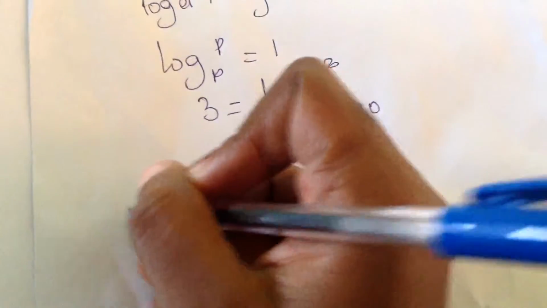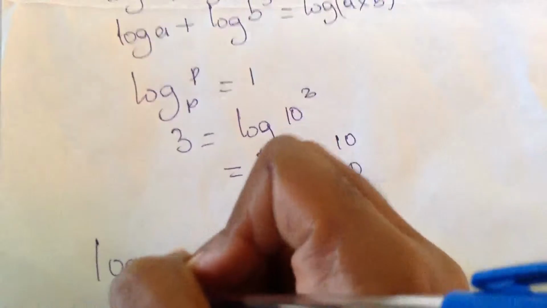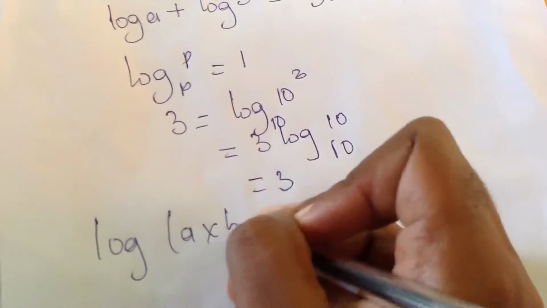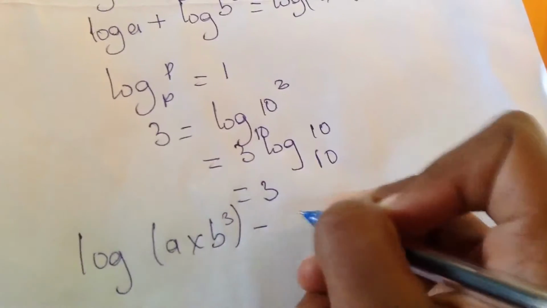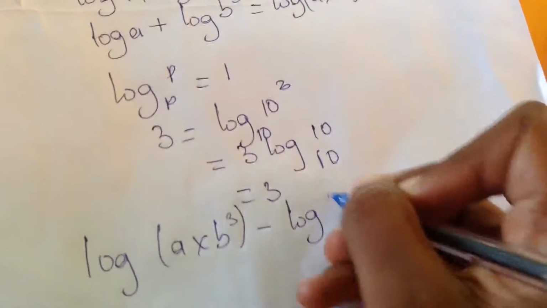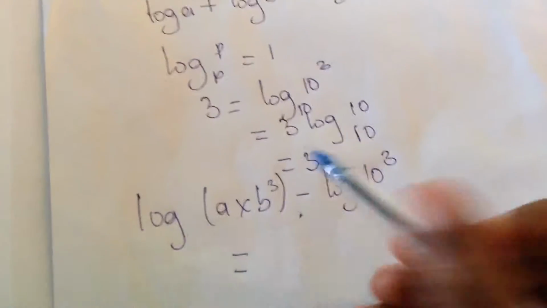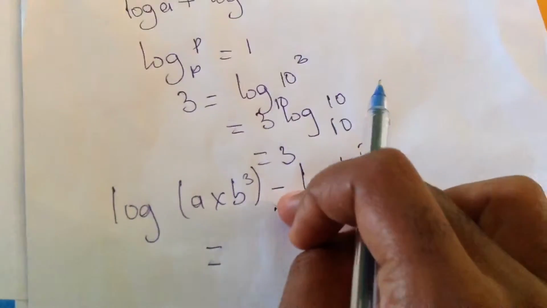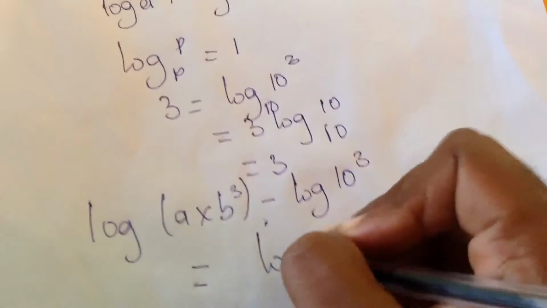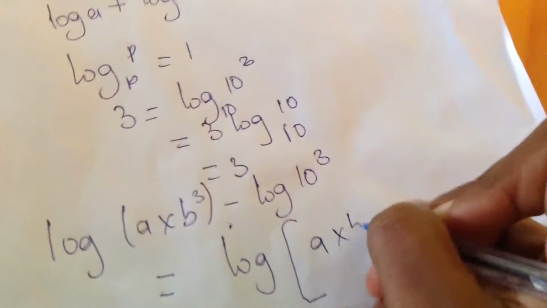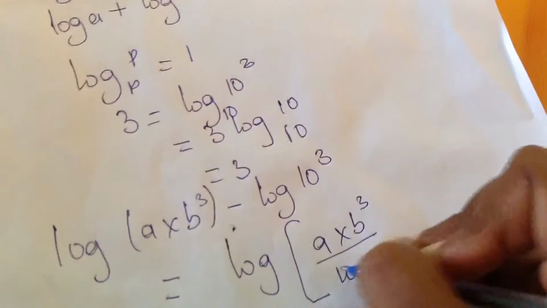So that same expression becomes log of a times b cubed, minus log 10 raised to the power of 3. If you look at my previous video, you realize that minus is a division. So I write log into brackets a times b cubed all over 10 raised to the power of 3.